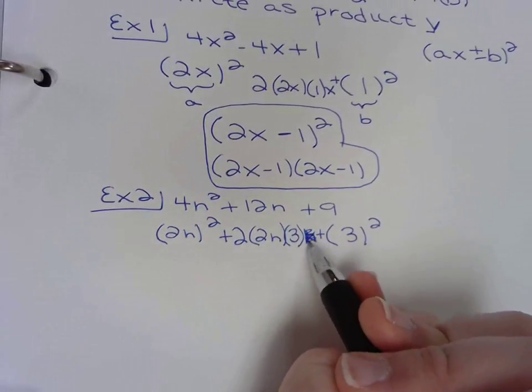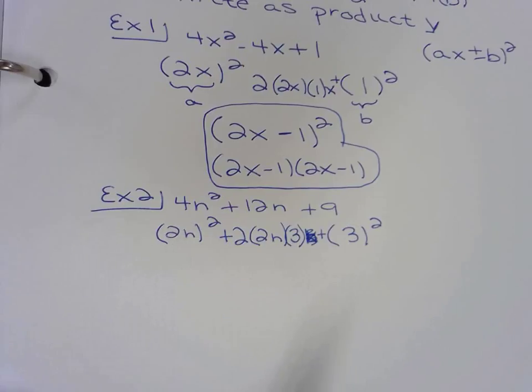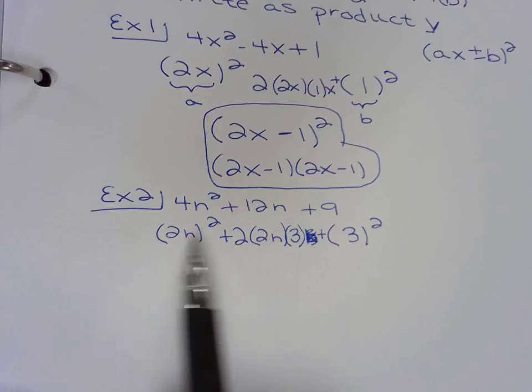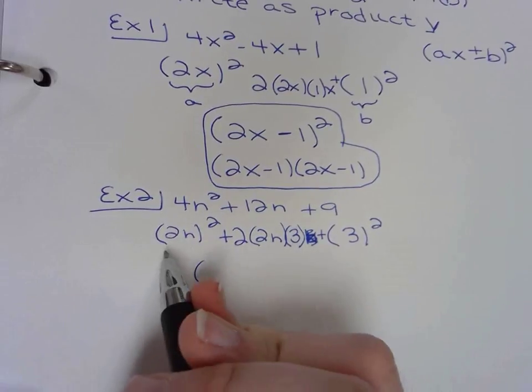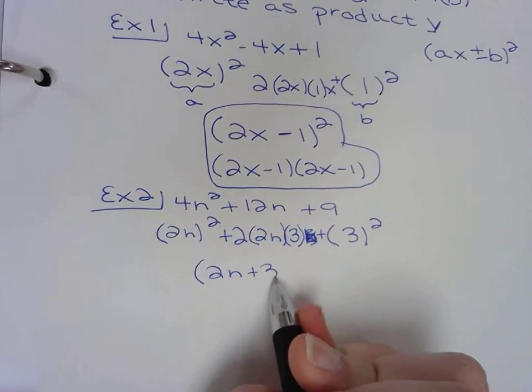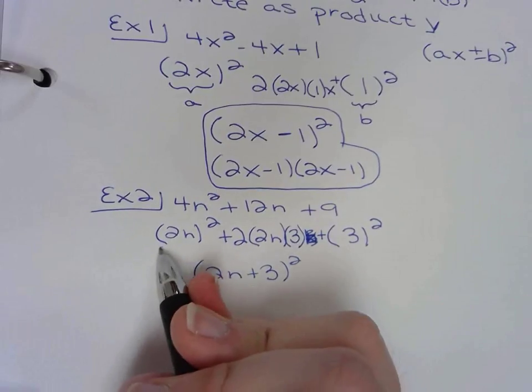Yes, you don't need another n there. The n comes from a. 2 times 2n times 3, 12n. So since that works, you can just take it as a plus b. So 2n plus 3 squared. That's it.